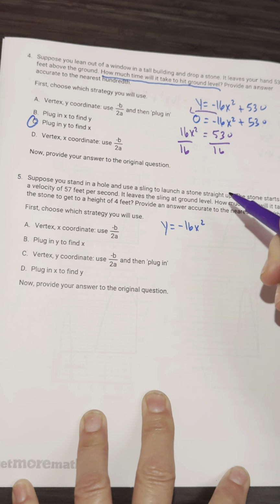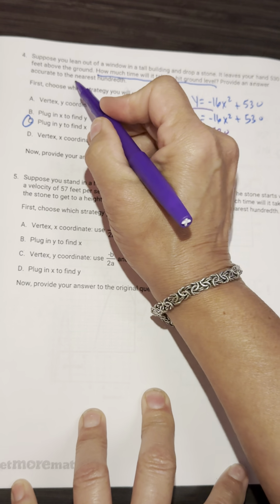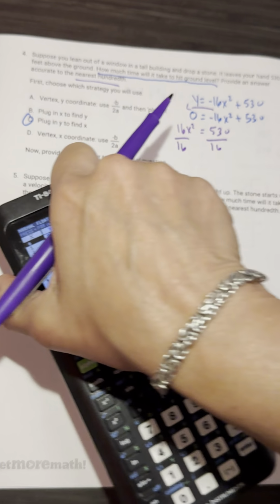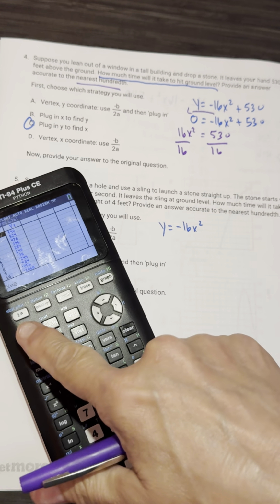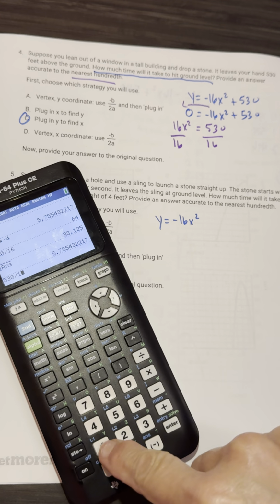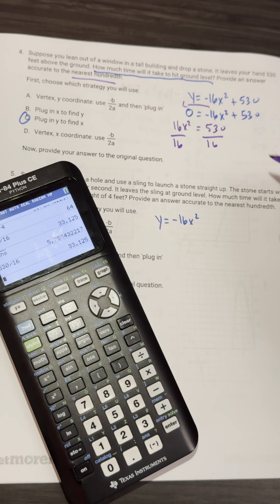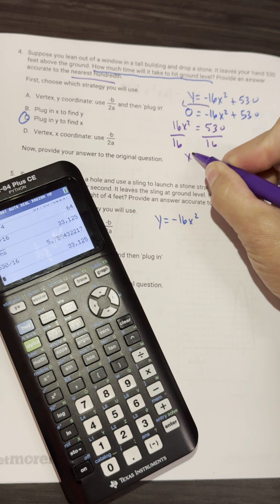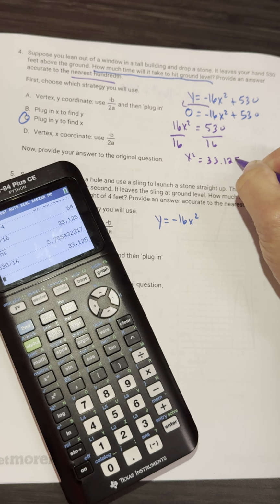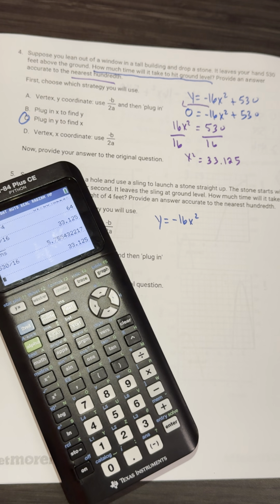Very good. And we are providing our answer to the nearest hundredth, so that's 2 decimal places. So we don't have to leave it in a fraction. So 530 divided by 16. So x squared equals 33.125. And I'm not going to round until the end.